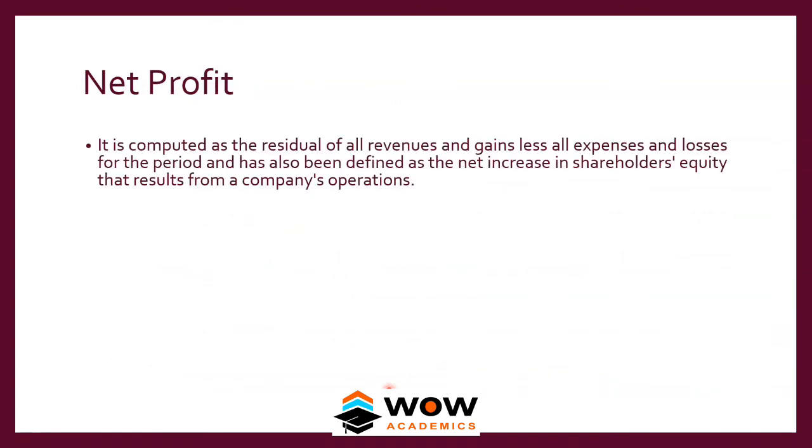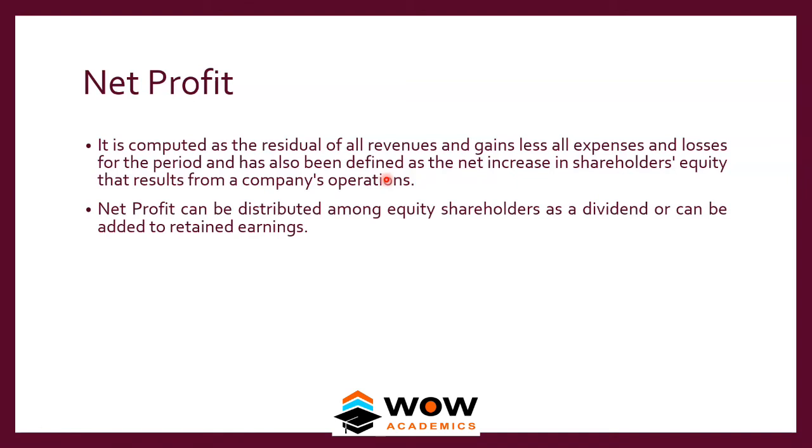So now we look at the net profit. It is computed as the residual of all revenues and gains less all expenses and losses for the period. So it is the final number and has also been defined as a net increase in shareholders' equity. This is the number which is going to increase the owner's income that results from the company's operation. So this is what is going to go into the equity shareholders' pocket.